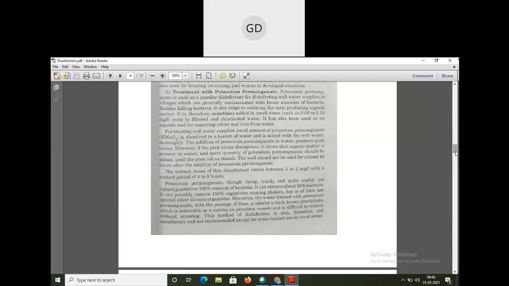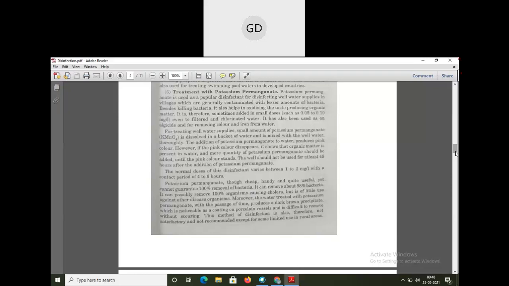When you add the potassium permanganate to water, a pink color is shown. If the pink color of the water immediately disappears, then there is organic matter present in the well water, so you have to add more potassium permanganate until the pink color stays.